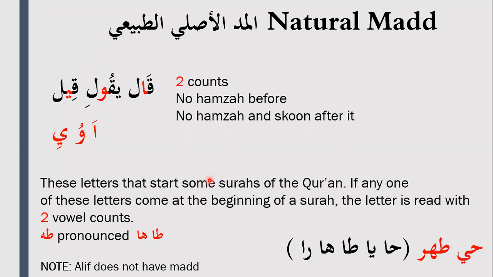Remember, the long vowels will be preceded by a matching vowel. So you'll have an alif that is always preceded by a fatha, and the alif should stand alone, have no markings on that. You have your waw, which will always be preceded by the dhamma, which is this sign, and your waw will be standing alone. You have then your ya, which will always be preceded by a kasra, and the actual ya will be standing alone.